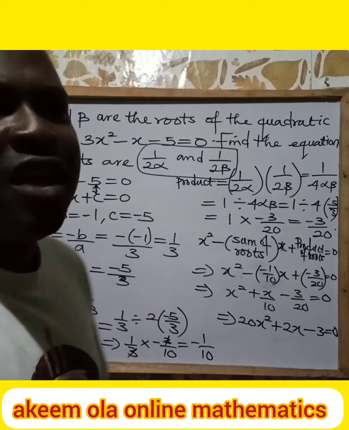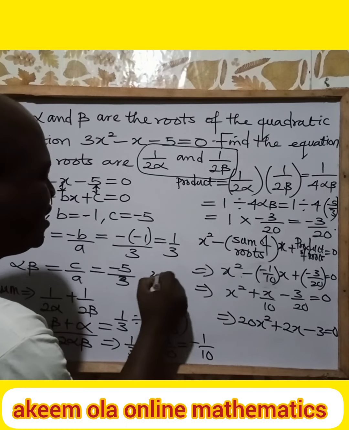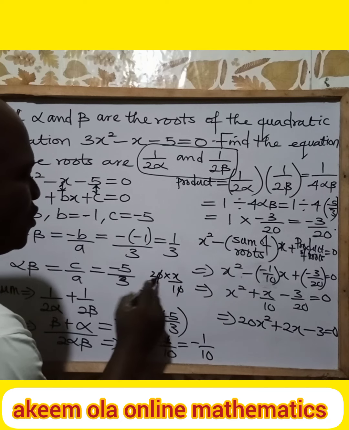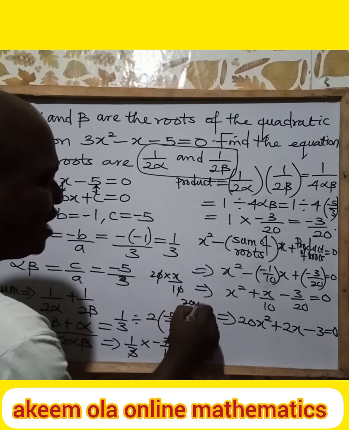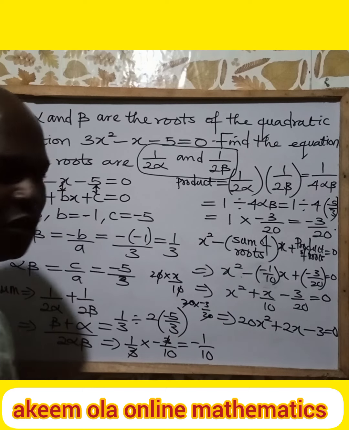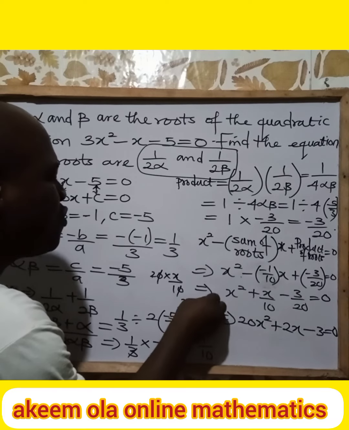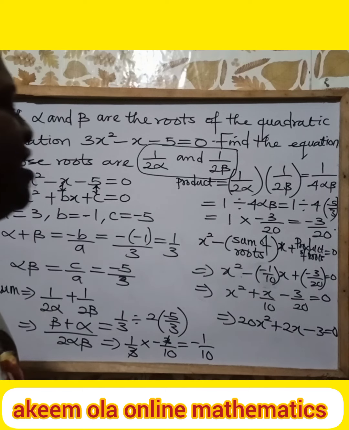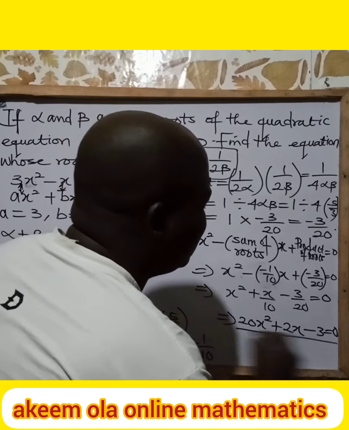I know you'll be wondering how I got this 2x. You can see that we have 20 times x all over 10. The 0 we cancel, we are left with 2x. This one too, 20 times minus 3 all over 20, the 20 we cancel, so we are left with minus 3. So the new equation that we are asked to find from the question is given by 20x squared plus 2x minus 3.